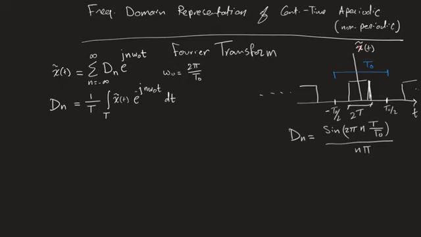This is when n is not equal to 0. And for the case of d0, when n is equal to 0, we found this to be equal to 2t over t naught, right?